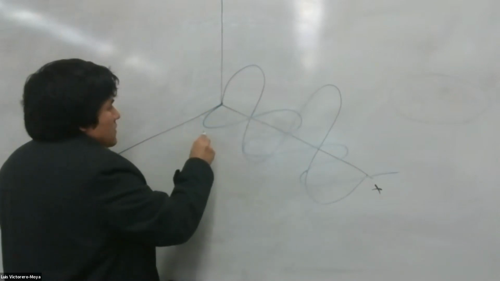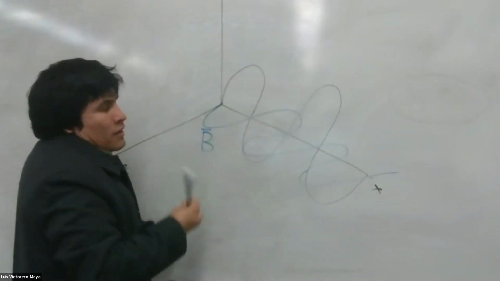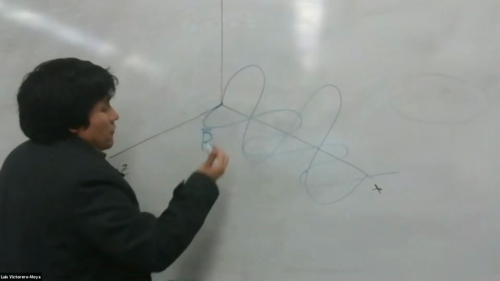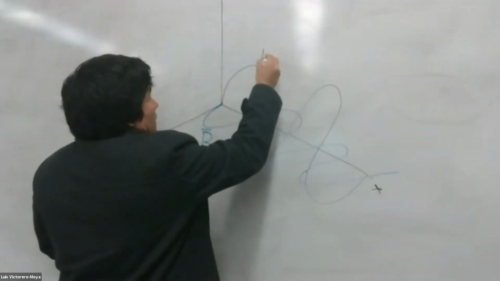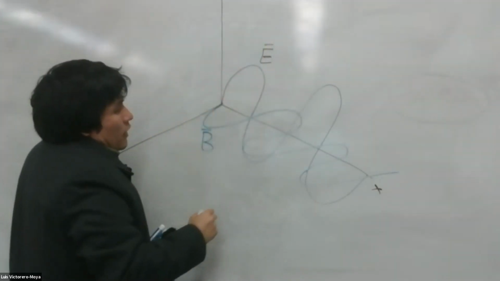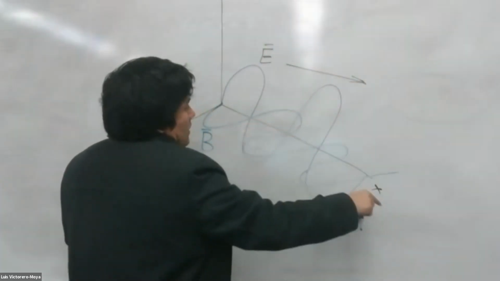So we label this B for magnetic field. We don't label it M because M is used for other things like mass. So B is magnetic field and E will be the electric field, right? What we know is that they are perpendicular to each other and the propagation is alongside the x-axis.